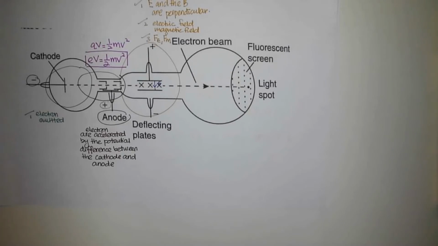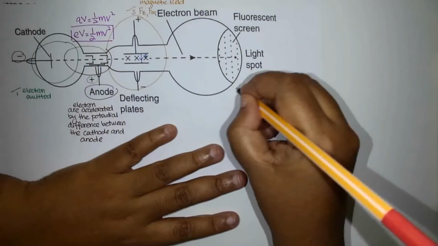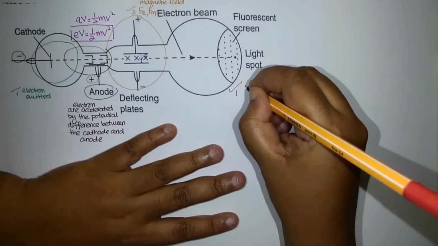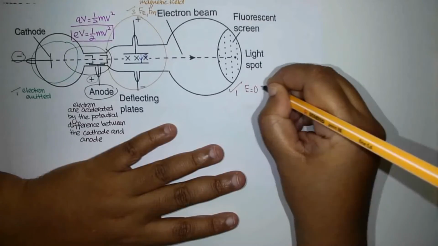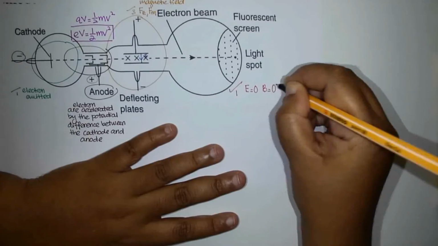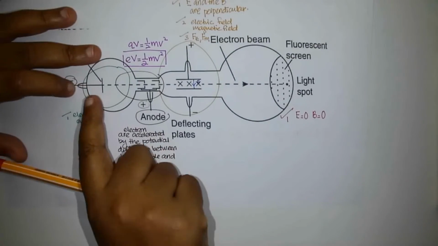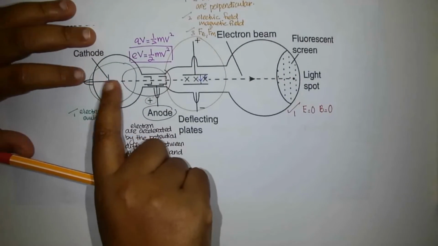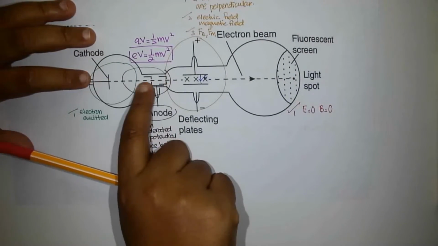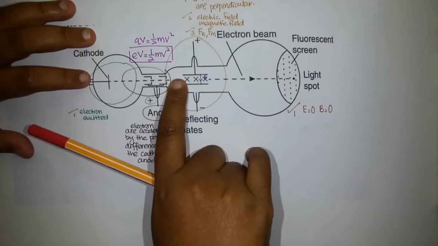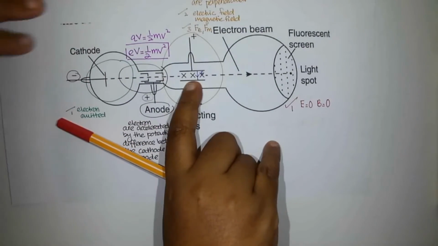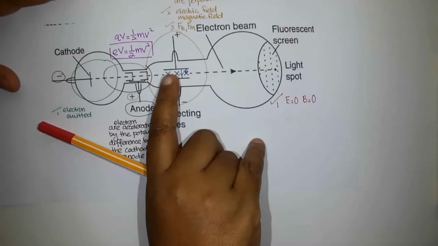Situation number one, no E, that means E equals 0, and B also equals 0. When the electrons are emitted, they accelerate and enter the region where E is 0 and B is 0. What will happen?